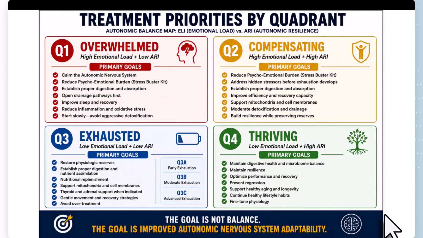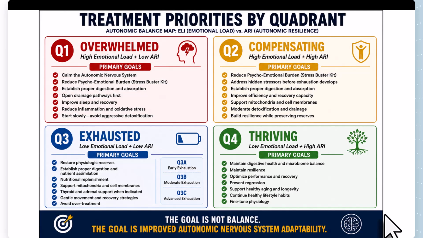Use your neurovisor. Establish proper digestion and absorption. Improve efficiency and recovery capacity. Support mitochondria and cell membranes. Moderate detoxification and drainage. Build resilience while preserving reserves. So, these are just some ideas for you.